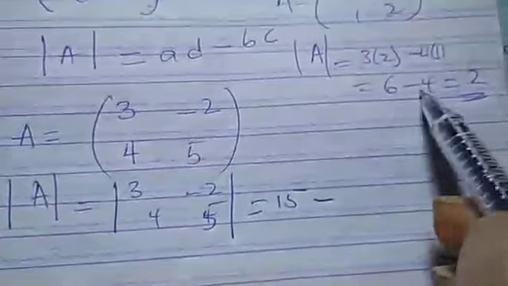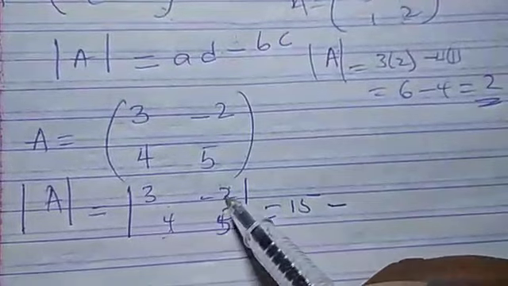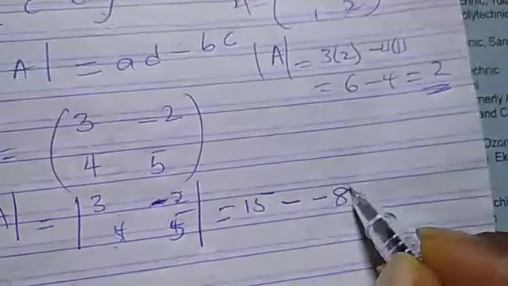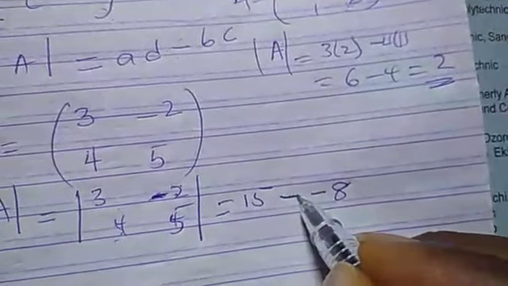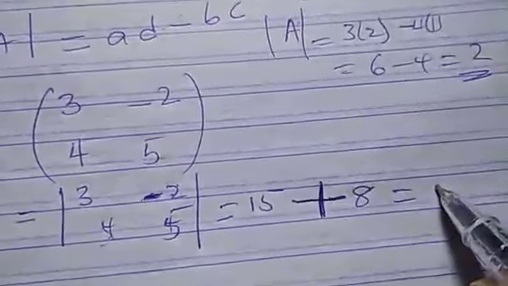Minus, as usual, we put minus from the formula. Then we multiply these two: minus 2 times 4, that is minus 8. In this case we have a double minus in the middle, so it will become plus. Finally, our answer there is 23. So that means 23 is the determinant.